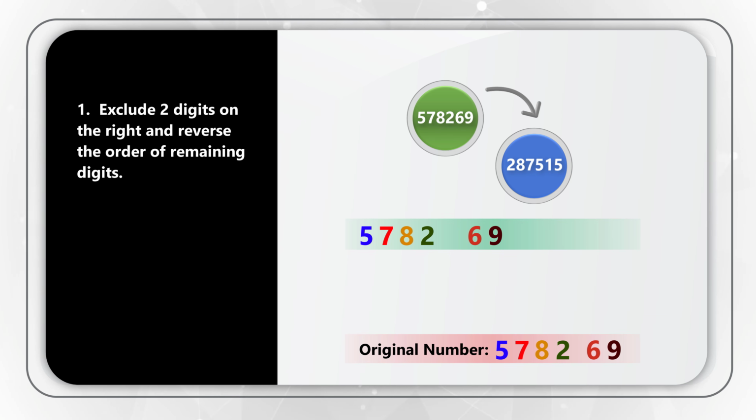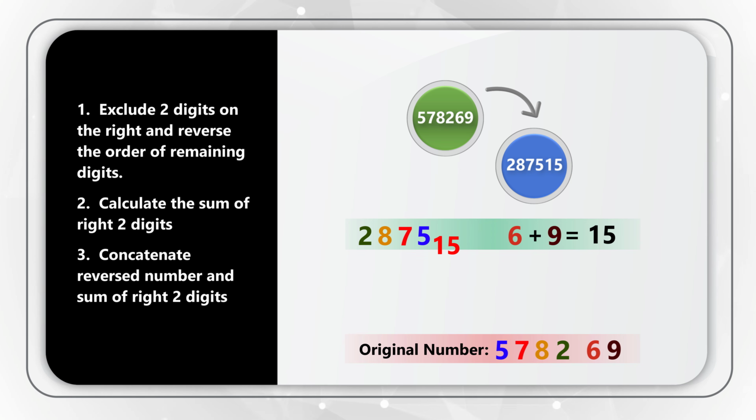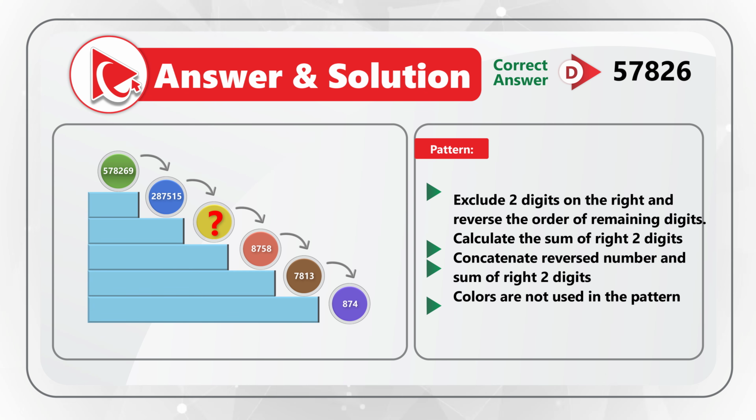We separate 69 and then reverse the order and the number becomes 2875, and then we do the remaining calculations with the numbers 6 and 9. And the calculations are very simple. We basically add 6 plus 9, and the end result of it is 15. Then we concatenate 2875 and 15. So the end resulting number is 287515. As the ball continues rolling, we repeat the calculations and get to the answer of D, 57,826.